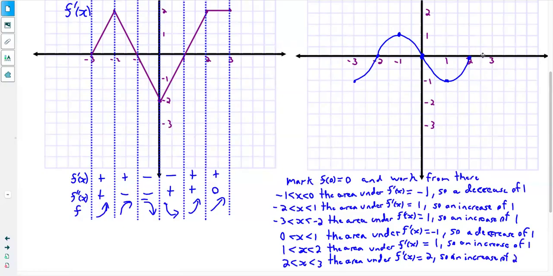So therefore, going from here to here, we have an increase of 2. Now, it showed it was linear here. So our graph should look something like this.